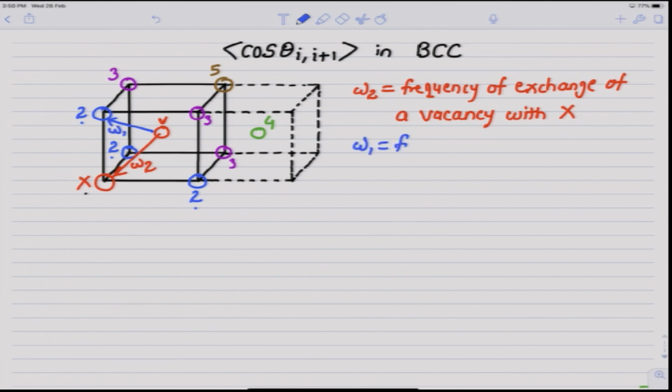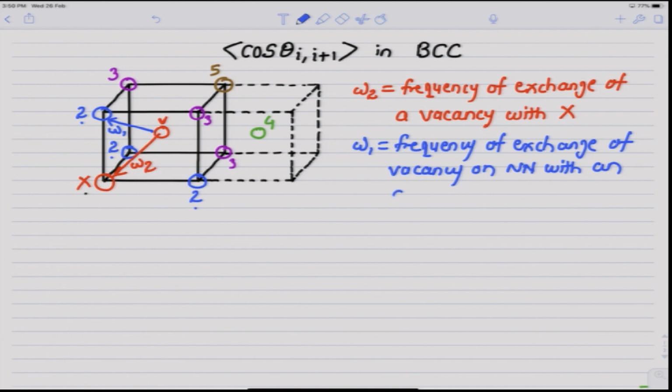So, omega 1 is the frequency of exchange of the vacancy on nearest neighbor with an atom on second nearest neighbor of X. So, this nearest neighbor and second nearest neighbor are those of X.